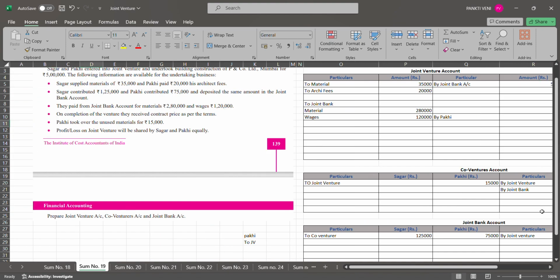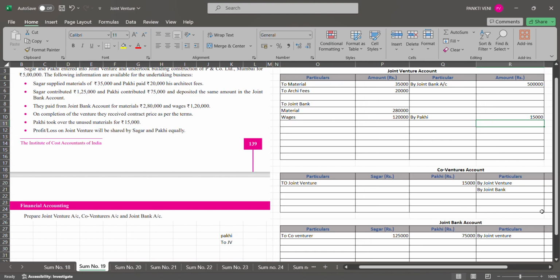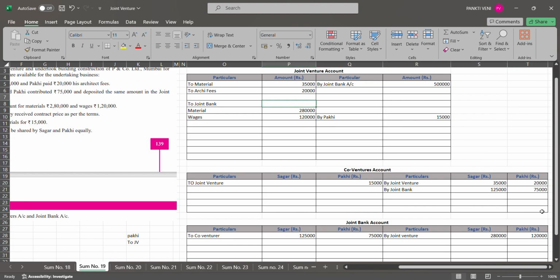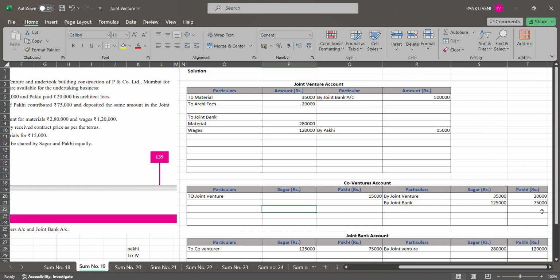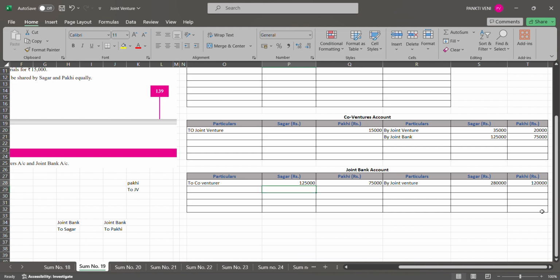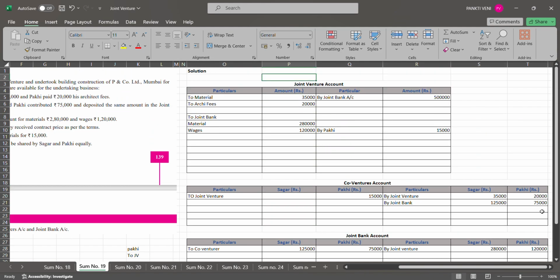Profit or loss on joint venture will be shared by Sagar and Paki equally. So whatever is the profit or loss, it will be shared by Sagar and Paki equally. We have the joint venture account, the co-venturer account and the joint bank account. Now let me total it up.